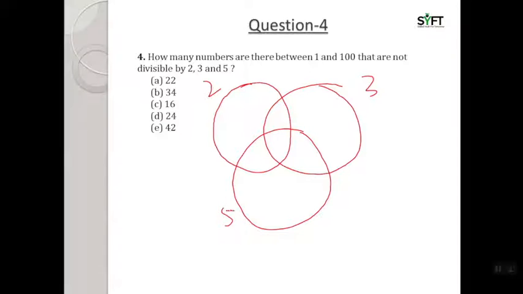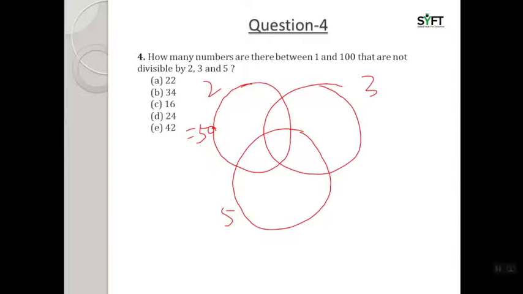As we know, any number from 1 to 100, 2, 4, 6, 8, 10, 12, 14 up to 100, how many are there? 100 divided by 2 is 50. So the total number that can be divided by 2 from 1 to 100 is 50.